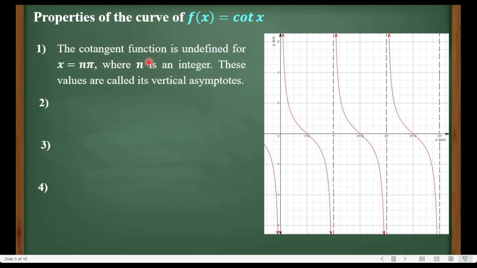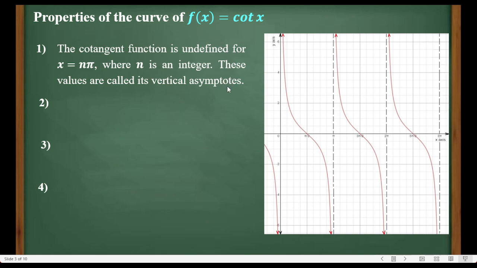The cotangent function is undefined at the coordinates x which can be determined by this formula: x is equal to n pi, where n represents an integer. Now these values are called the vertical asymptotes.